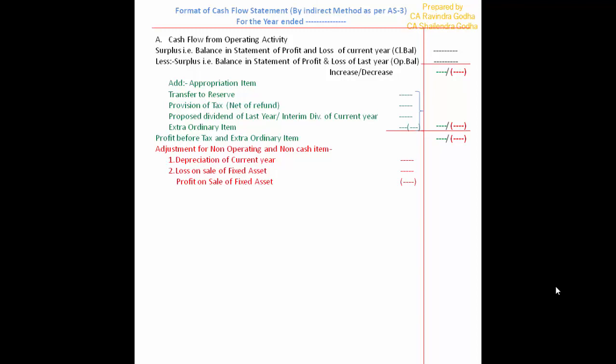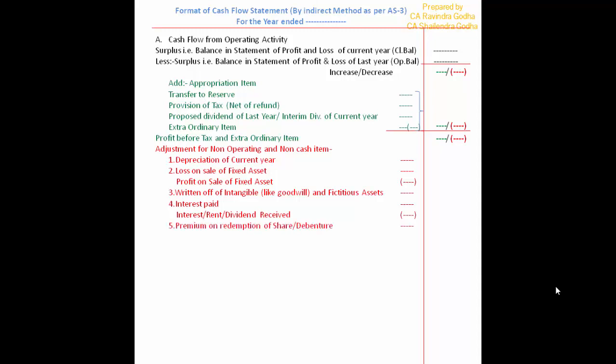So in the second item, profit or loss on sale of fixed assets is written here. Third item, written off of intangible assets like goodwill and fictitious assets. Next, interest paid, and opposite of it, interest, rent and dividend received, we deduct it. Next, the fifth item is premium on redemption of shares and debentures.